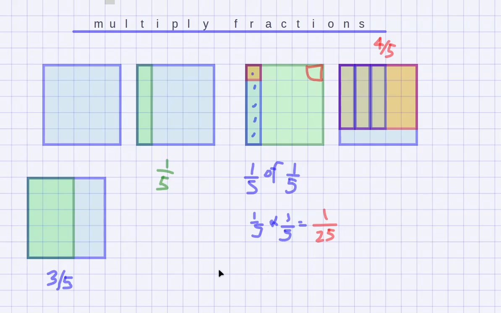So I'll write it down here. 3/5 of 4/5 of the whole pizza is the same as 3/5 times 4/5.